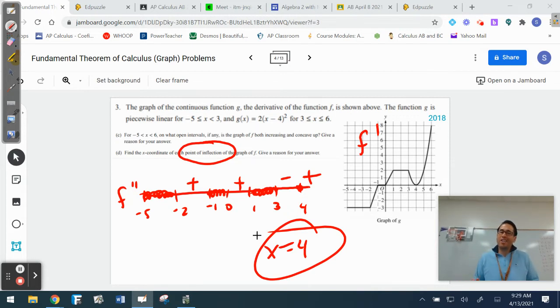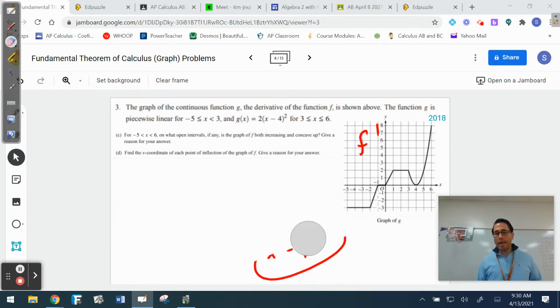Well, it doesn't change signs, right? It changes from a 0 to a negative. And that's the big difference there. So it's x equals 4. And the reason why is because the second derivative changes signs. Or you could say because the graph of g changes from a decreasing slope, a negative slope, to an increasing or positive slope. And that would be worth 2 points if you're able to get that right.